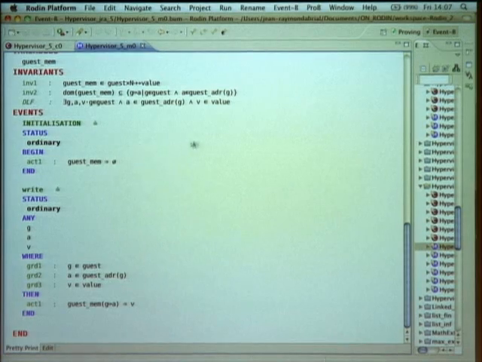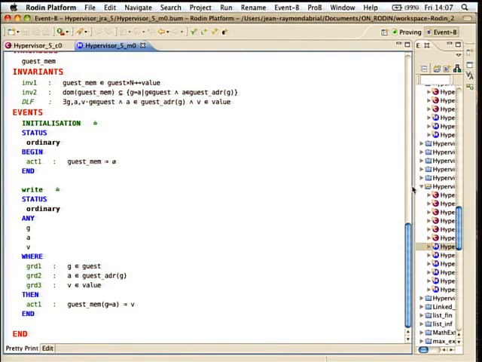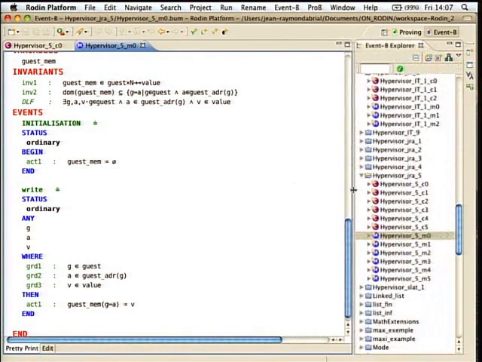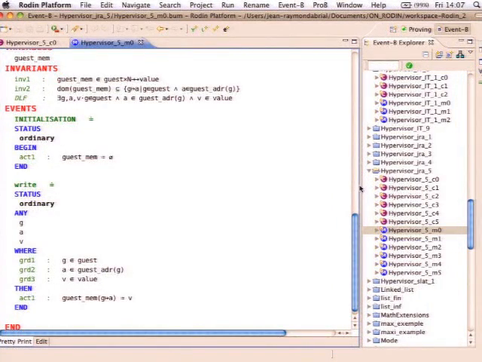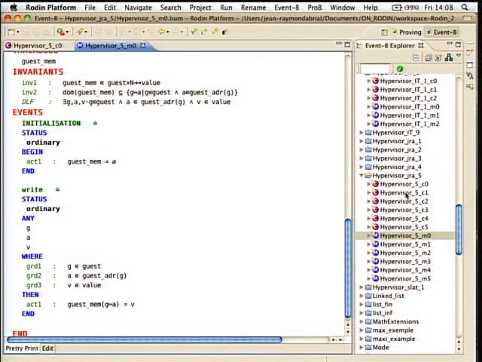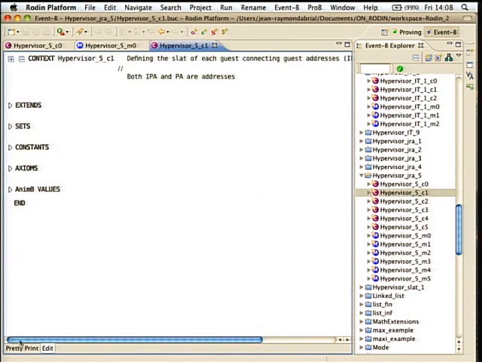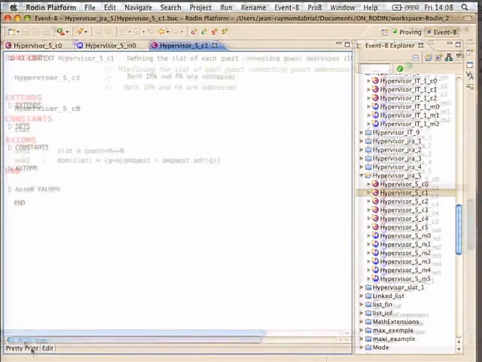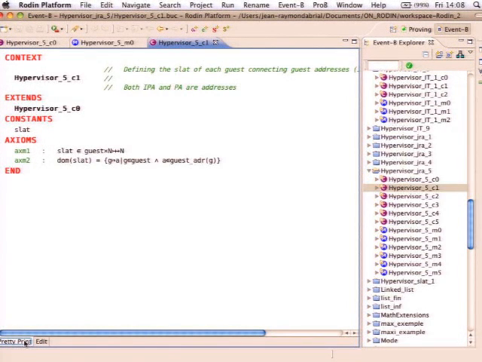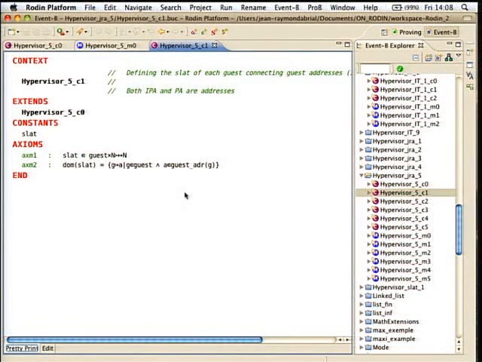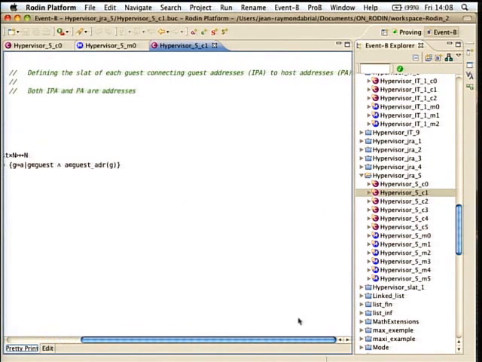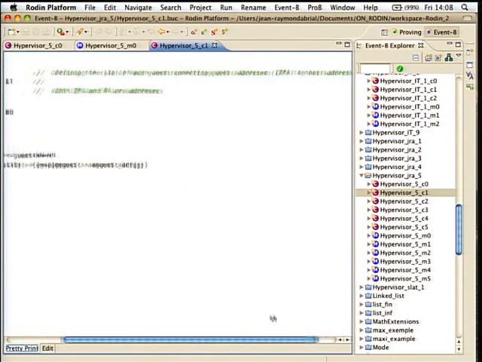Okay, so now the next step is to go on, step by step, to introduce the notion of the hypervisor. We have now a second context, and that context is defining the slat of each guest, connecting a guest address to an IPA to host address PA.